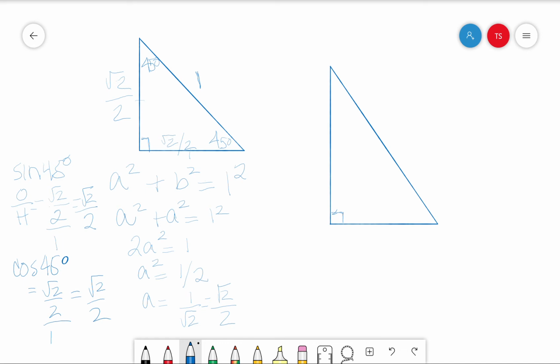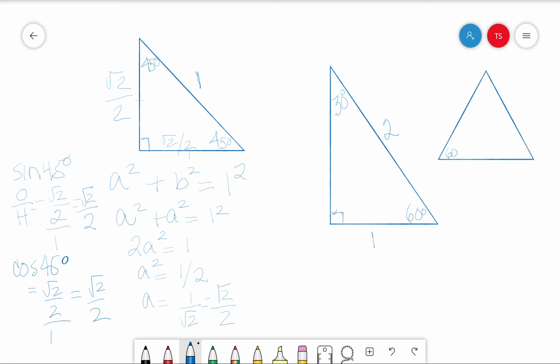For this next triangle, let's say this is a 60-degree angle and this is a 30-degree angle. And let's say this side is 1. And let's say in this case our hypotenuse is 2. So I'm getting this angle from an equilateral triangle.